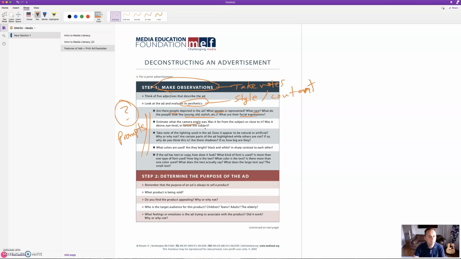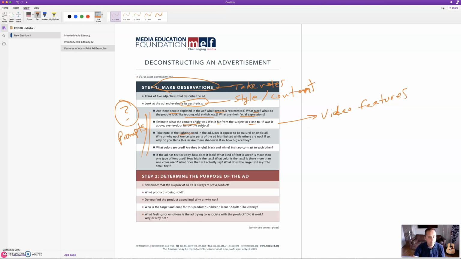Think about camera angles if it's movie-based. Was it far or close to the subject? Why did they put the camera there? Was it above their heads or at the eye level or below? Okay, so this is video features, but you want to think about camera angles when you're dealing with video content.